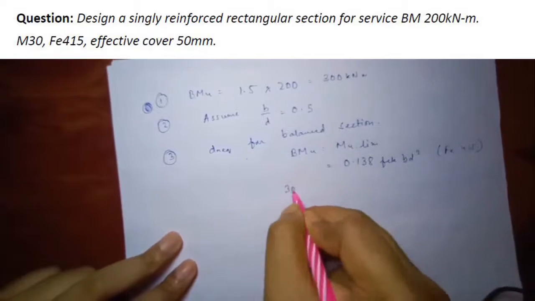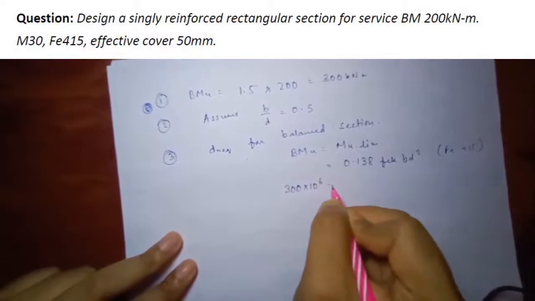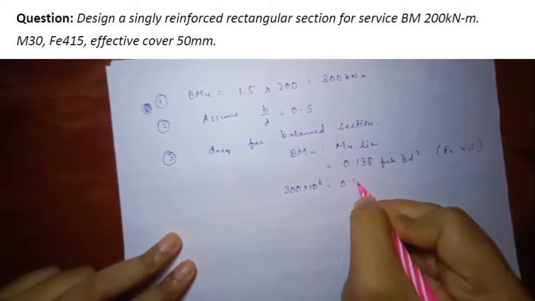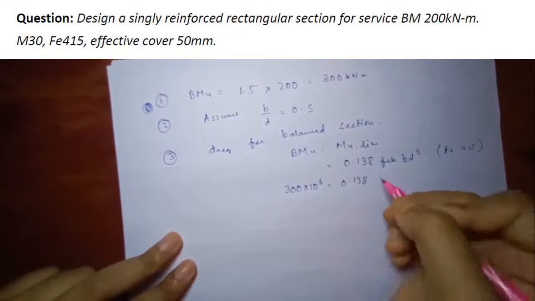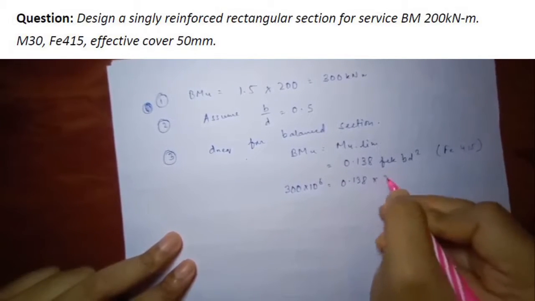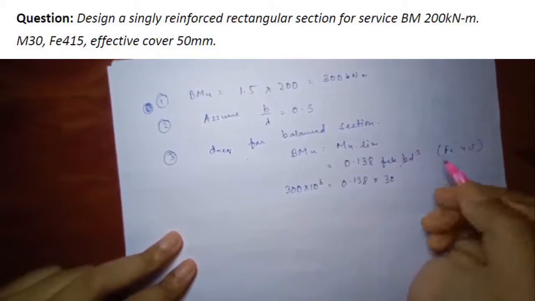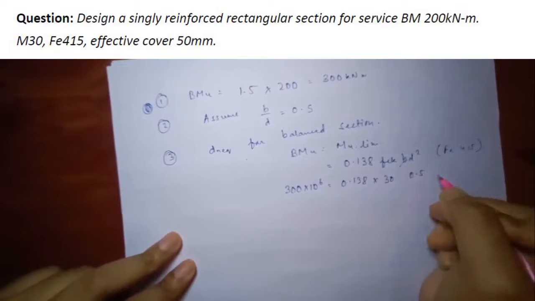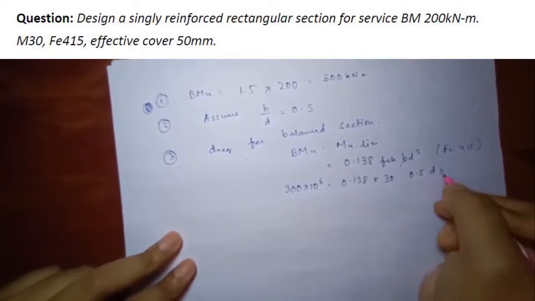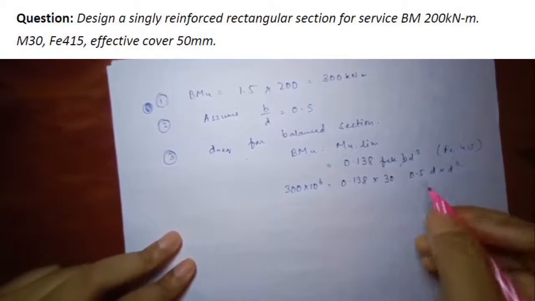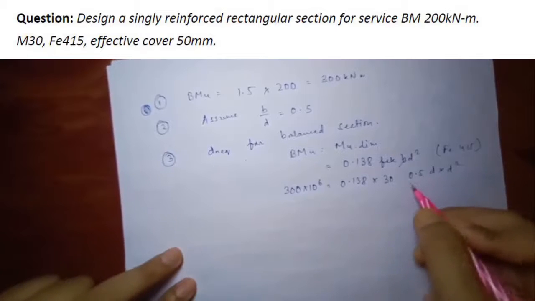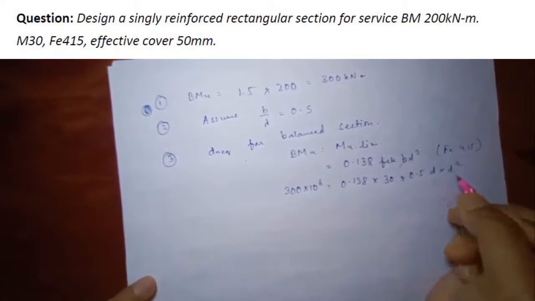So now it is 300 multiplied by 10 to the power 6 equal to 0.138, fck is given as 30, and in place of B I can write 0.5D, multiplied by D square. In place of B I will write 0.5D and it is multiplied by D square again.